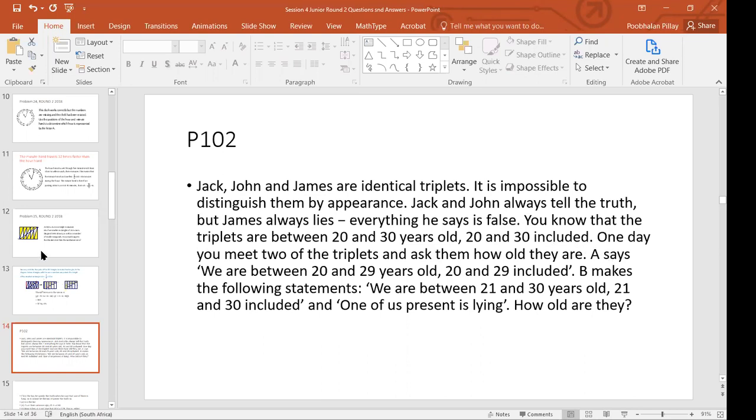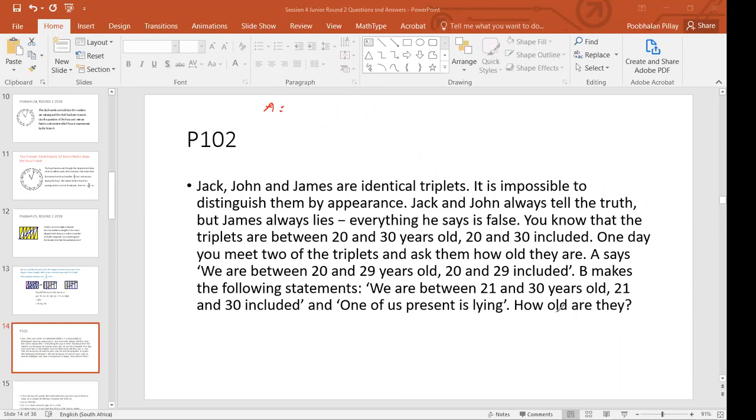A, let's just keep track of A. So what does A say? A says, we are between 20 and 30, 20 and 29 years old.